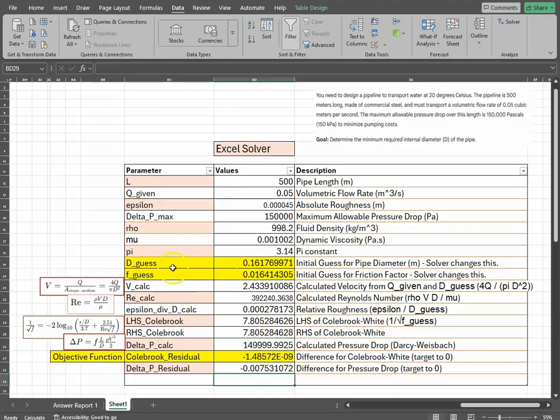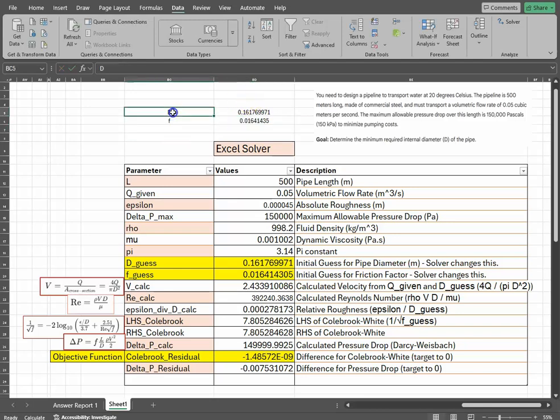Right, now here our D guess value is this, means this is actually the pipe diameter, and F is the friction factor. So D is 0.161769971, and friction factor is 0.01641435.